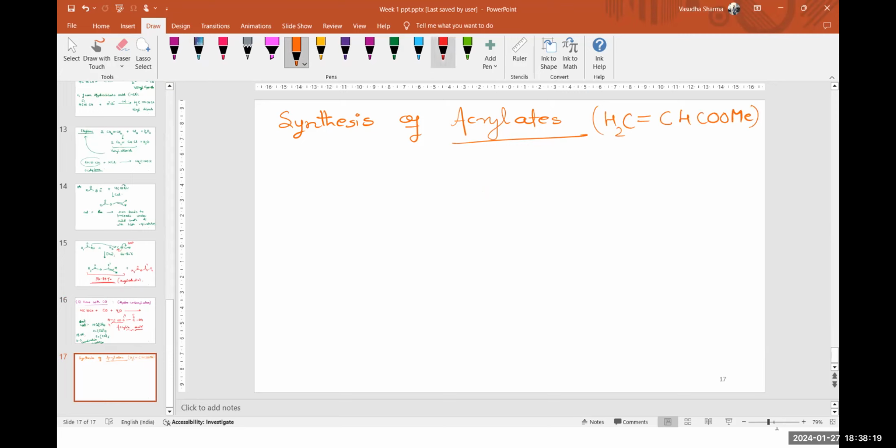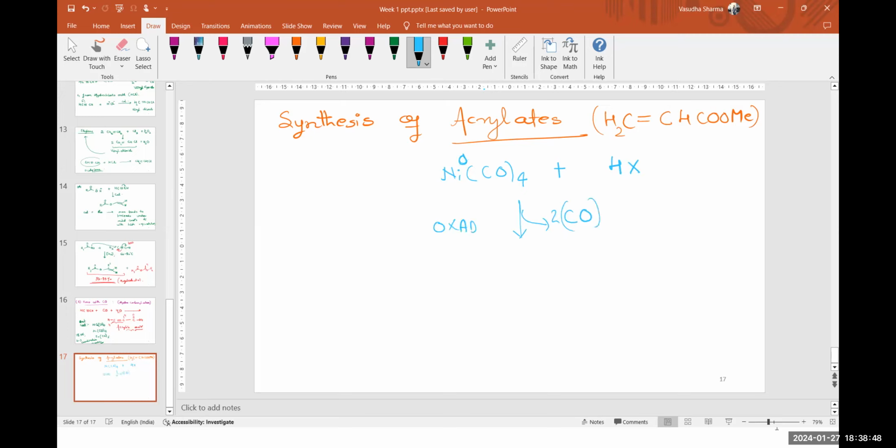Okay, so I'm doing the mechanism with two pens. Since we've said that we are going to use nickel carbonyl, Ni(CO)4, and we will be using HX, this will undergo an oxidative addition where it will release two molecules of carbon monoxide.